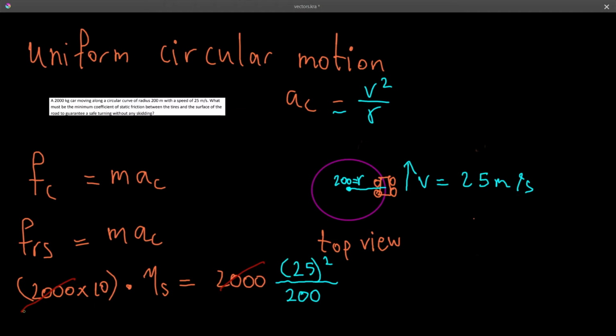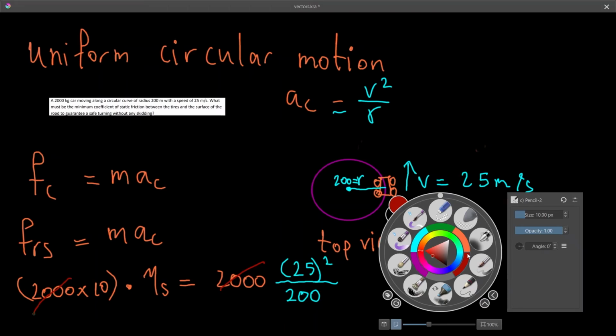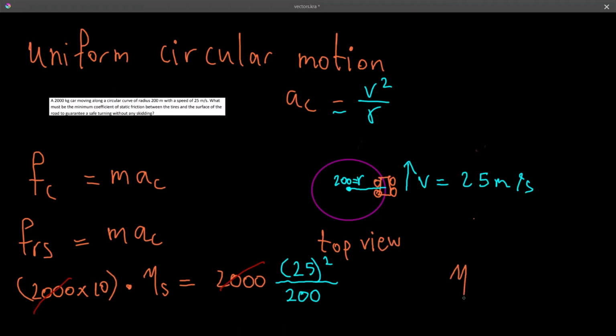So you get that the minimum mu s is equal to about 0.3125.